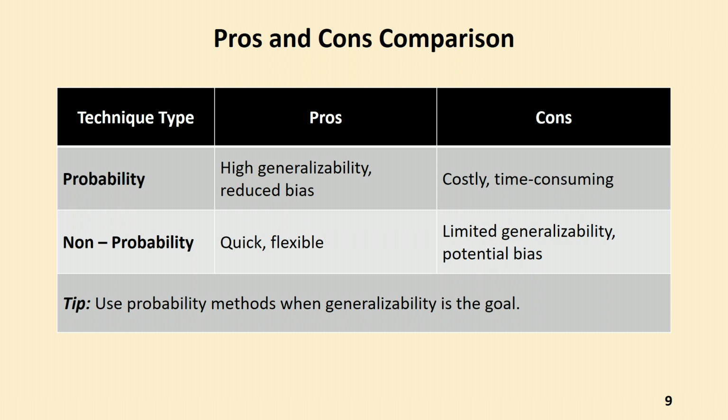The tip is: use probability method when generalizability is the goal. Here you can understand it with a very thin line of difference. When you do not want to generalize something to the larger population, for example, when you are studying the eating and survival habits of cancer patients, you are not going to generalize it to normal persons who are not suffering from cancer, then you have to go for a sampling technique which will definitely be non-probability sampling.